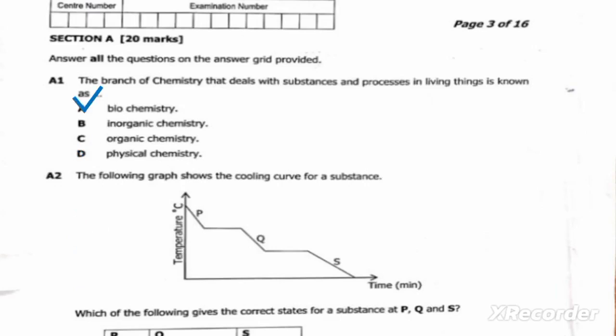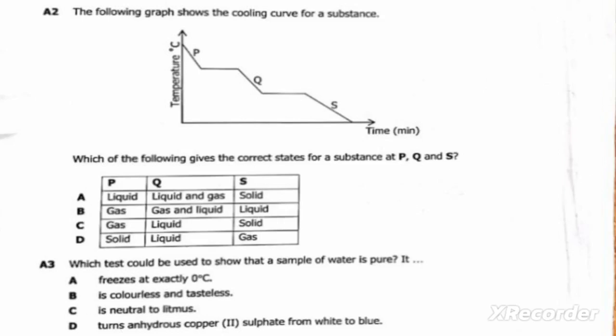Let us move to the next question, which is question A2. The question reads: the following graph shows the cooling curve for a substance. We are given the cooling curve. On the vertical axis, we can see temperature.